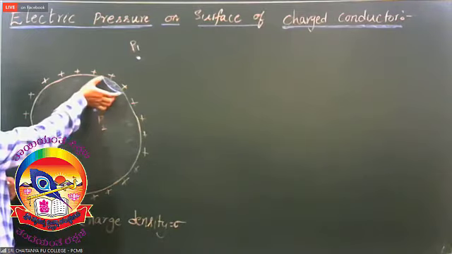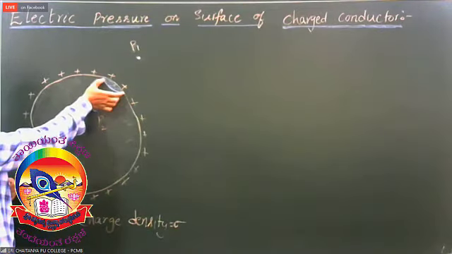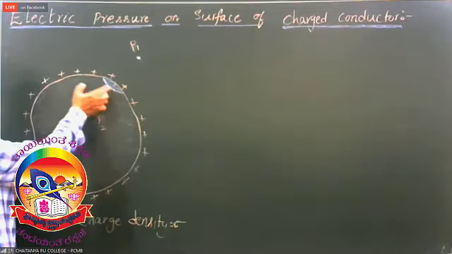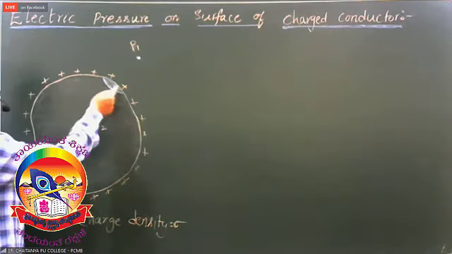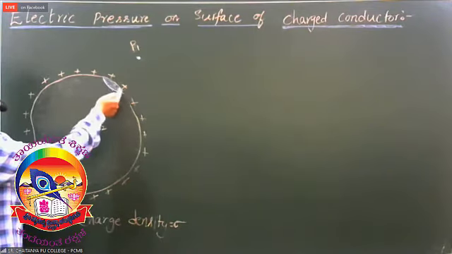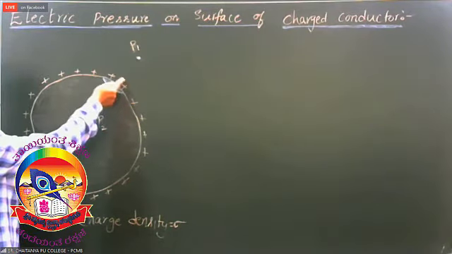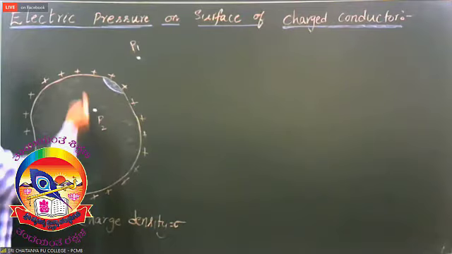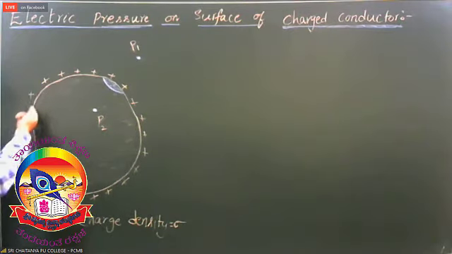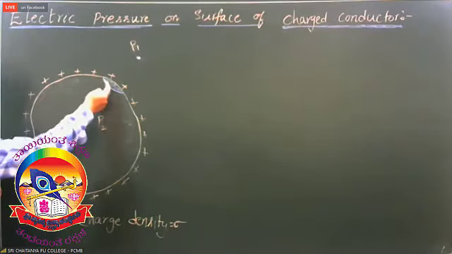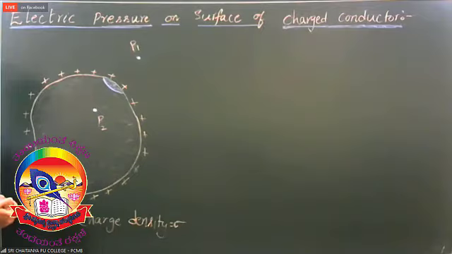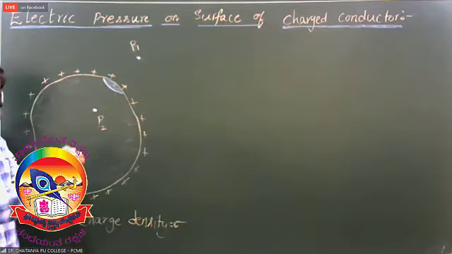If I take a small surface element on the conductor, this surface element has this much of charge, and the remaining conductor has the remaining charge. This charge is also positive. This charge is also positive. So we know positive and positive charges that are nearer repel each other.